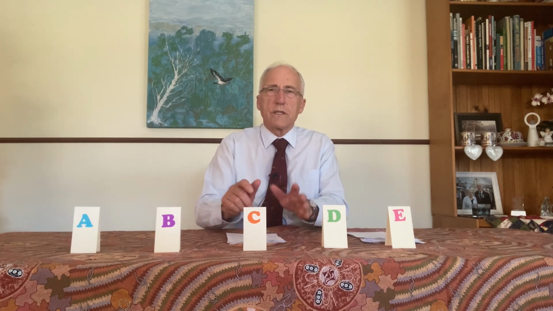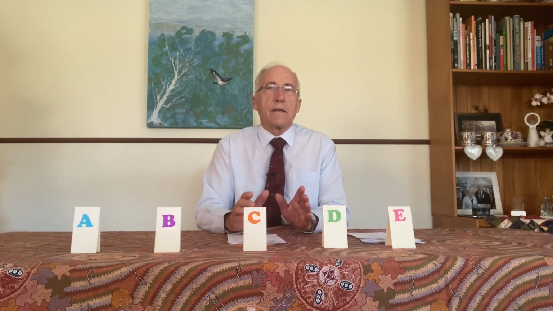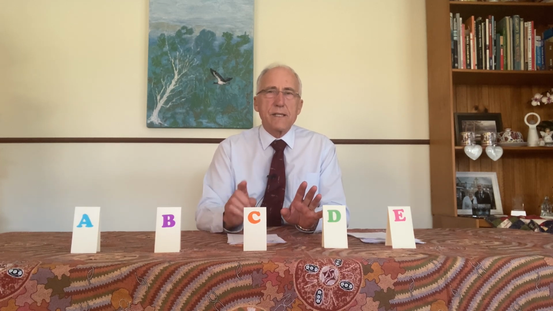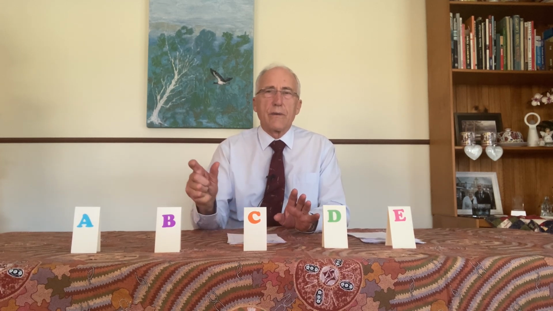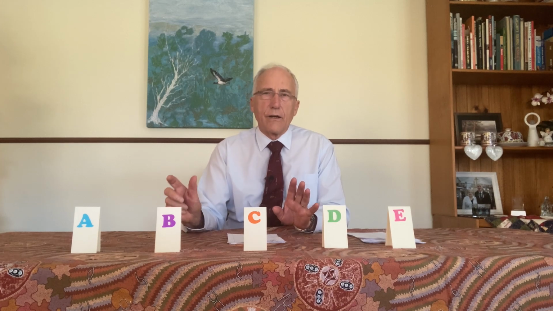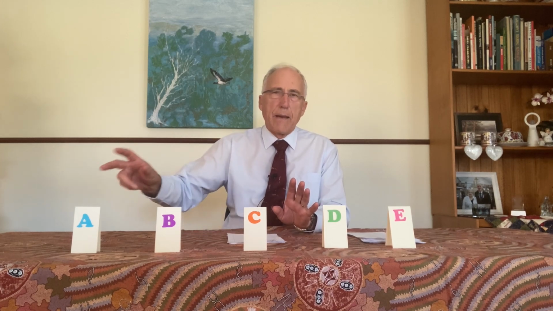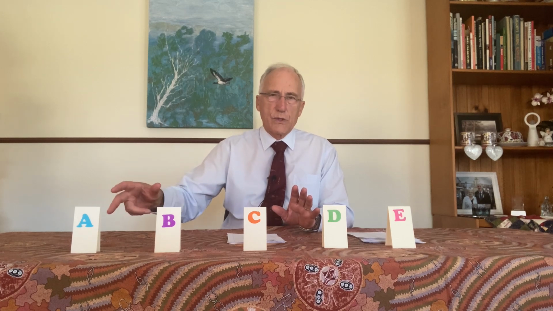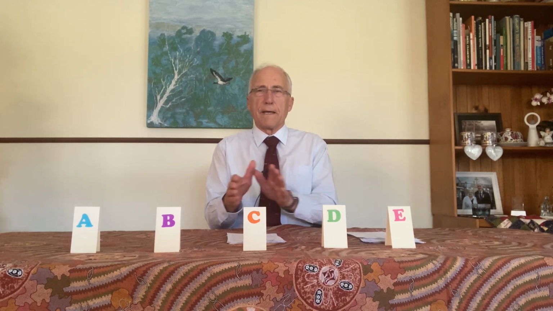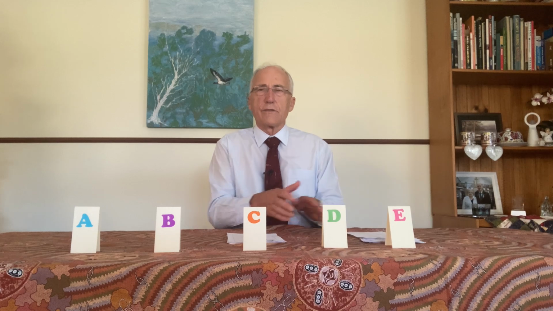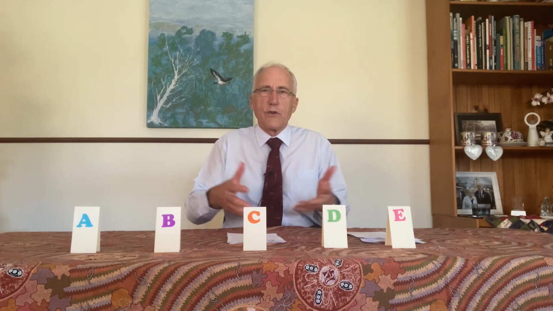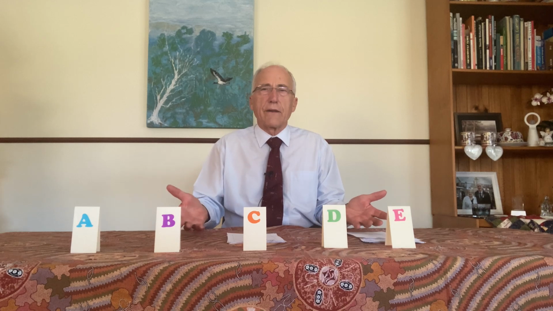So what you need to keep in mind is that if you are voting for independents and minor parties, it is important to include the major party of your choice in that numbering sequence so that your vote cannot become exhausted. You see, if you only vote for minor parties or for candidates of minor parties below the line, if they don't get elected, there's nowhere else for your preferences to flow because you've run out of numbers.